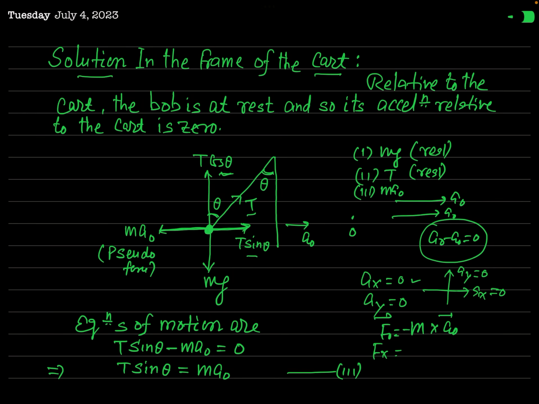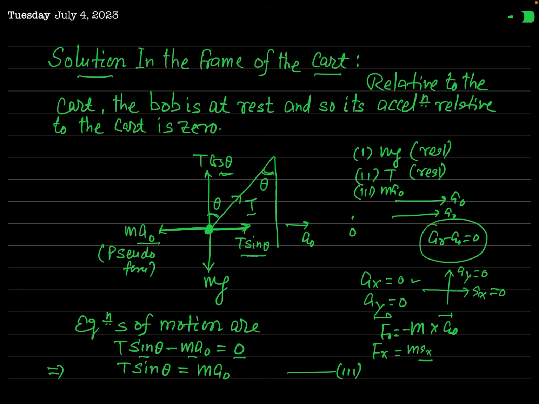The first equation will again be Fx equal to max. Since in positive x direction the force is T sin theta, and in negative x direction the force is ma naught, Fx will be T sin theta minus ma naught. But ax is 0 because in the frame of the cart the bob is stationary.